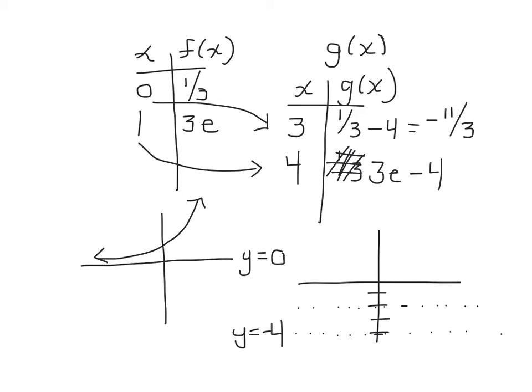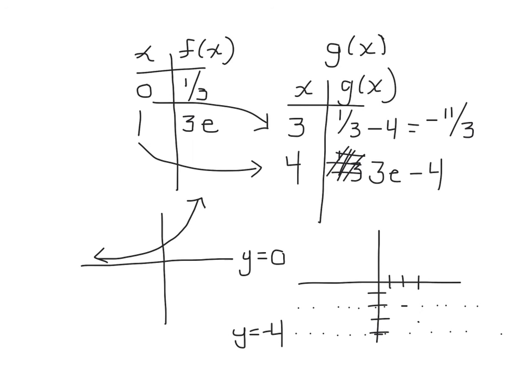And when we plot these points, 3, negative 11/3, that's negative 3 2/3, so almost negative 4, just to get an idea. And 4, and then if I approximate the value of 3e minus 4, that's about equal to 4.15.